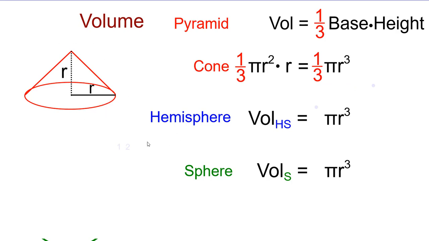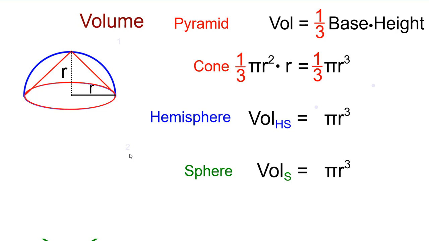Now, if we look at a hemisphere, we set it so that it has the exact same radius of r and the exact same height of r as well. The hemisphere obviously is going to have a larger volume than the cone, given the same dimensions. But what do you think the relationship between those is?